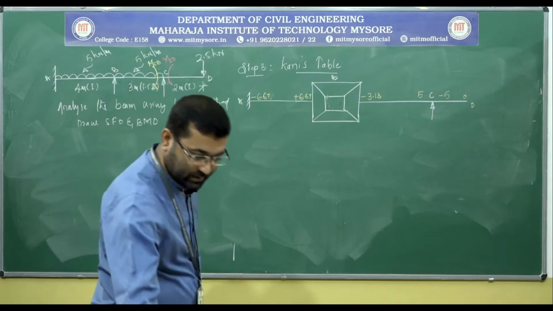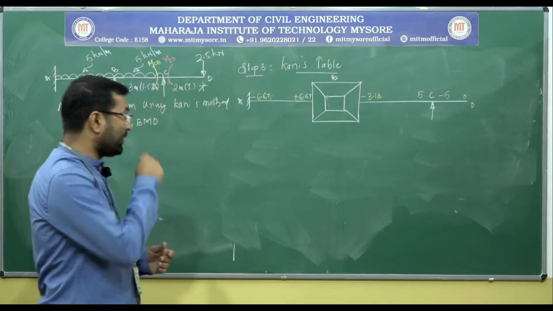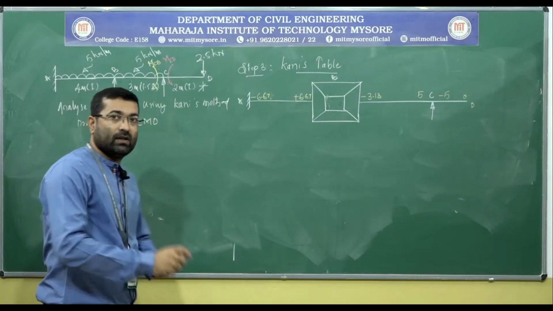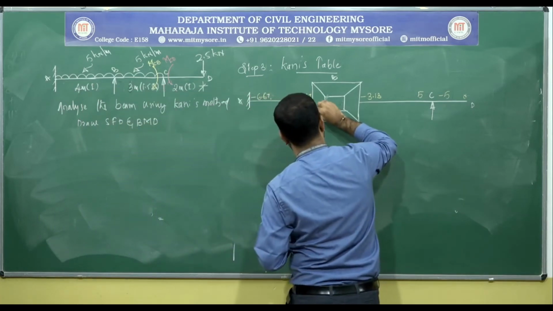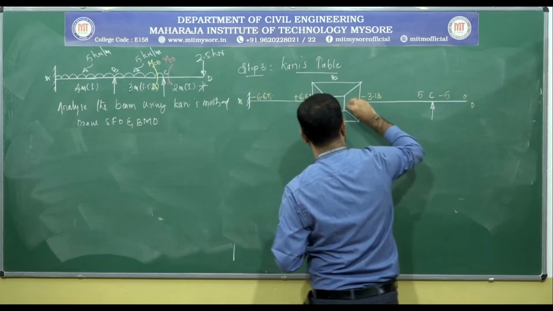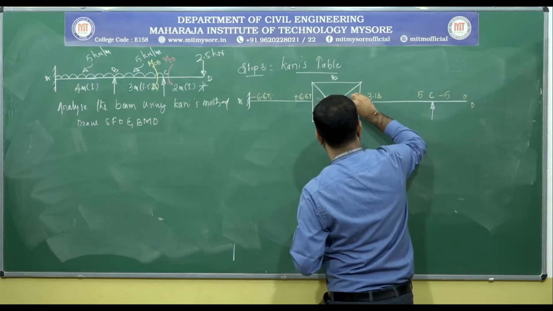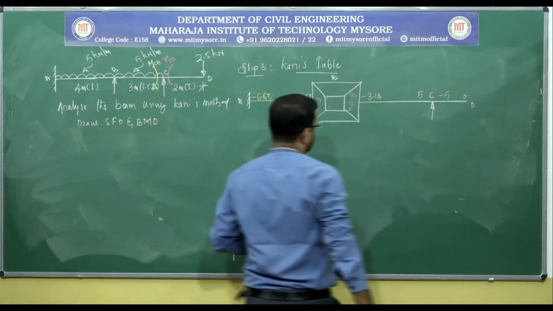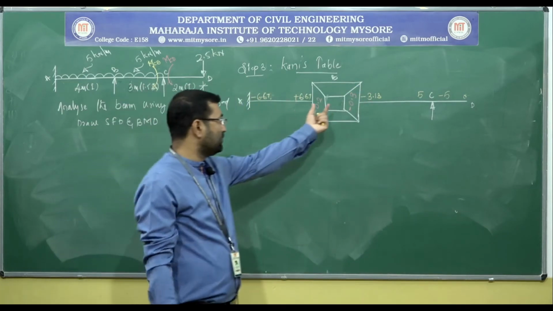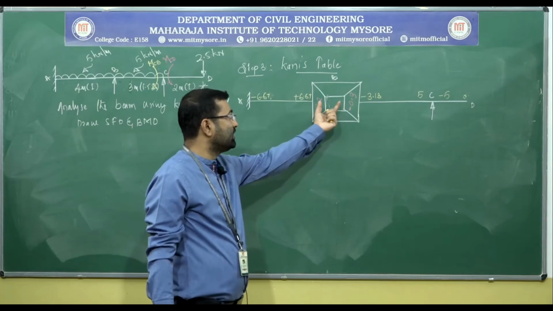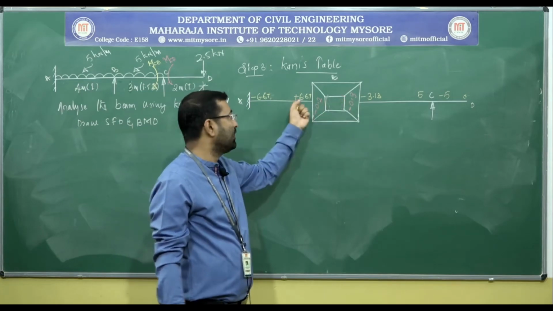Now we need to write the rotation factor values. The rotation factors here are minus 0.2 and minus 0.3. And inside the small box, we need to write the algebraic sum of fixed end moments.